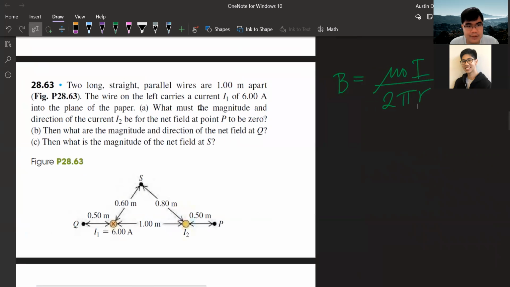Okay. So, what is the magnitude of the magnetic field at P due to I1?